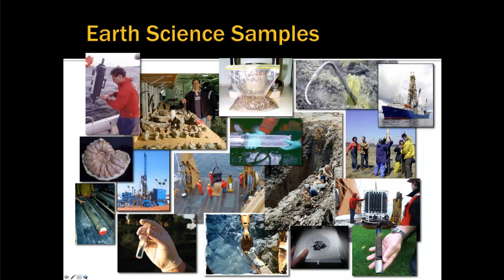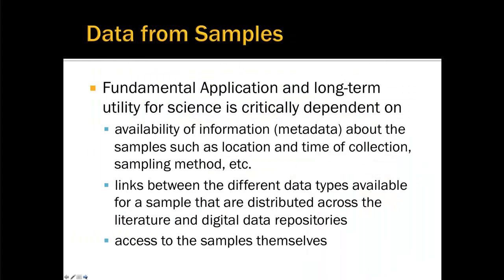A lot of resources are invested at the USGS or the state surveys to collect samples and to generate data that tells us more about our environment. We really need to make sure that we maximize the utility of these samples and of the data generated from them.